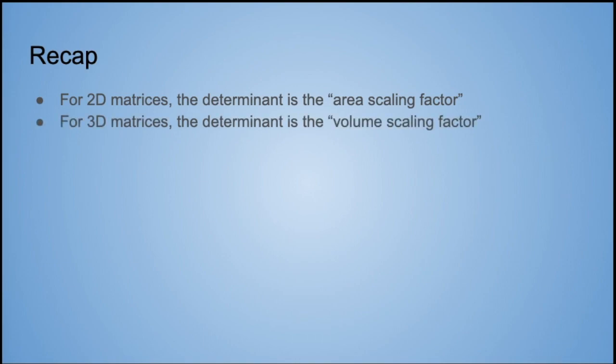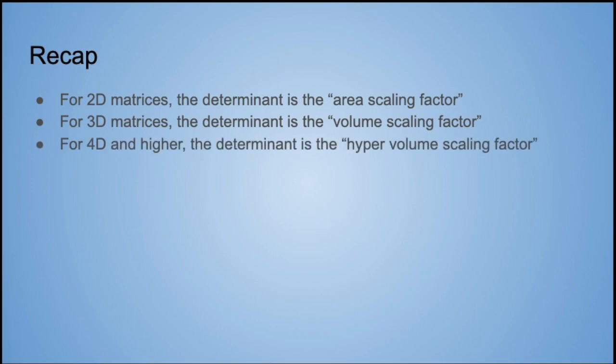While we didn't explicitly show an example of this, for 3-dimensional transformation matrices, the determinant is a volume scaling factor. When we look at our next video series on applications of the determinant, this will become apparent. It generalizes for four-dimensional matrices and higher that the determinant is a hypervolume scaling factor.